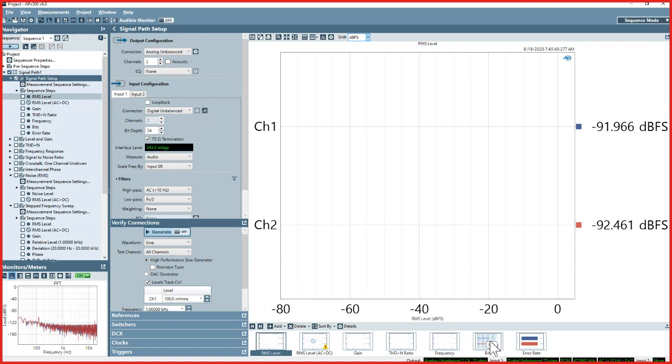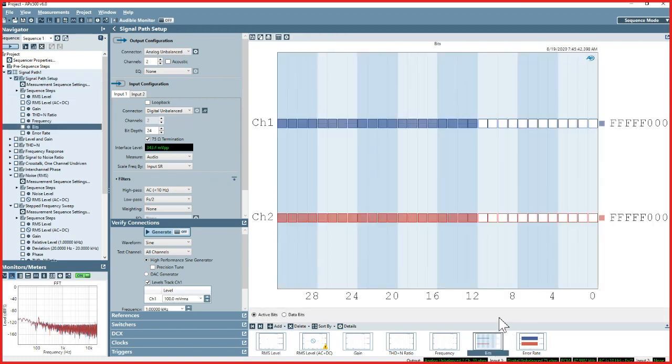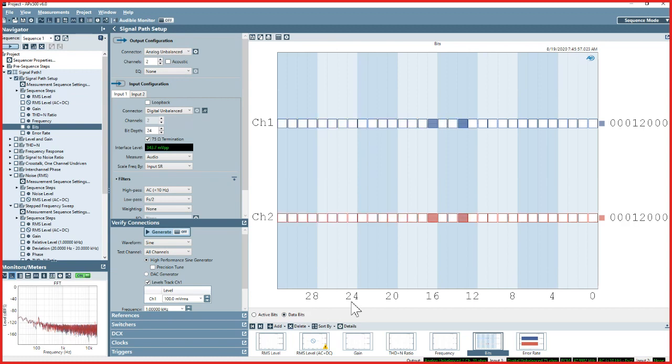So the first thing I'll take you to is a display here called bits. This can be quite a useful tool for troubleshooting the setup of our digital interfaces. So this has two displays, active bits and data bits. Data bits is showing the instantaneous value of each bit in the digital word.